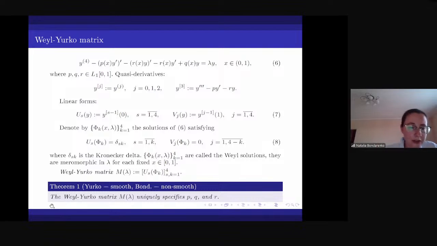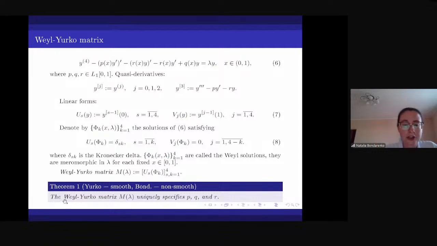The following important theorem holds: the Weyl-Yurko matrix uniquely specifies the coefficients of the differential equation 6, P, Q, and R. As I have already mentioned, this is one of the results which for smooth coefficients was proved by Yurko, and for non-smooth coefficients, for L1 coefficients, it follows from my mentioned paper. So the Weyl-Yurko matrix is the most important spectral characteristic in this theory.